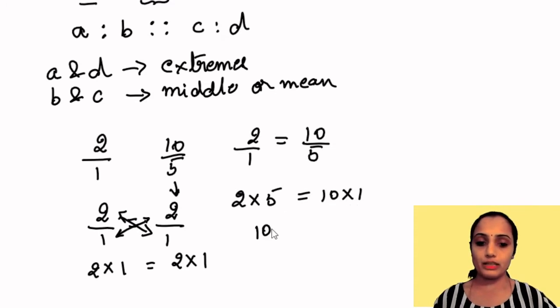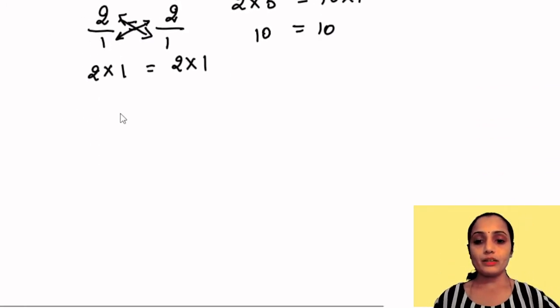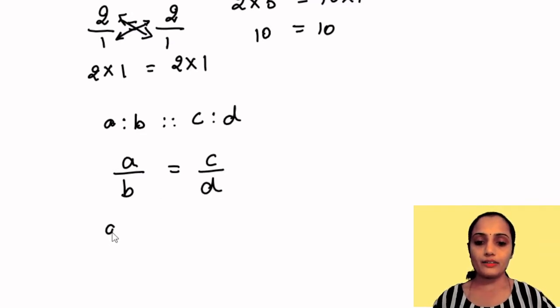That means 10 is equal to 10. So that is correct. Now again, generalizing it, we can write A:B is proportional to C:D. Again, coming back to the generalized form, A divided by B is equal to C divided by D. So here I can write A into D is equal to C into B.